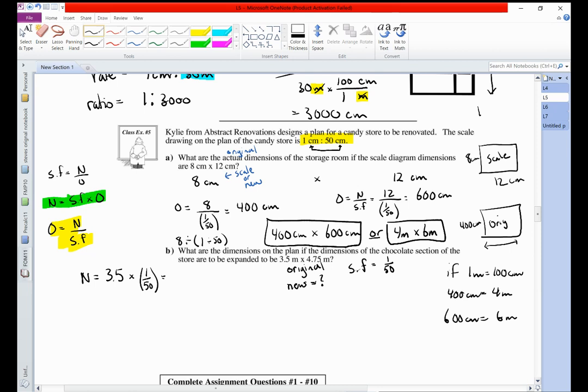I should have grabbed my calculator. Give me a second, I'm pulling up a calculator. 0.07, and that's in meters.